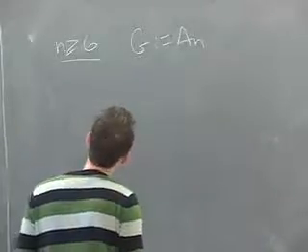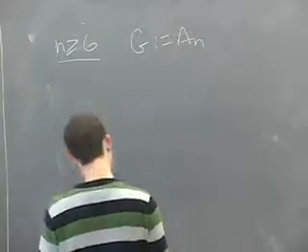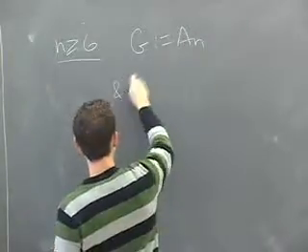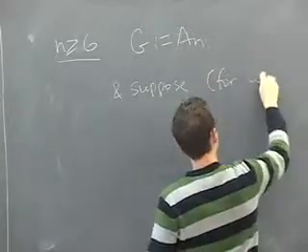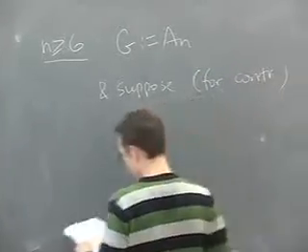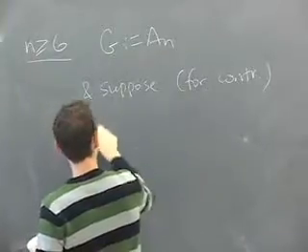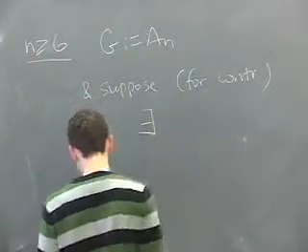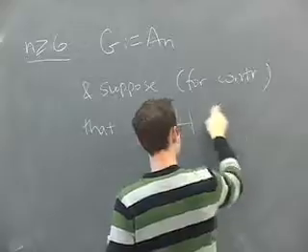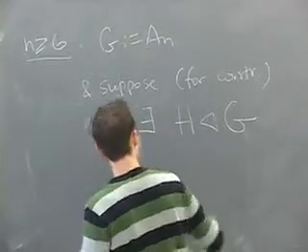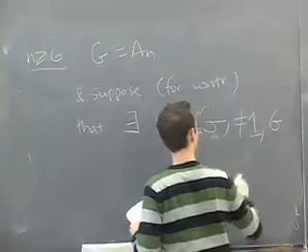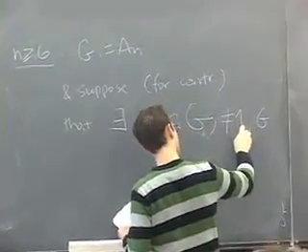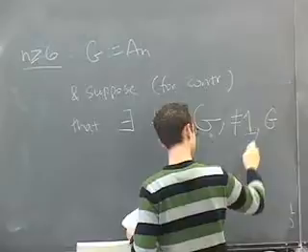So I'm just going to let G be A_n. And we're going to suppose, for the sake of arriving at a contradiction, that there is some normal subgroup of G which is neither trivial nor all of G.